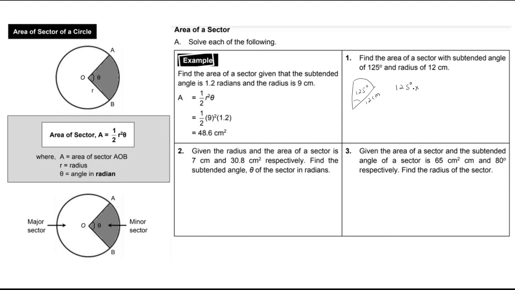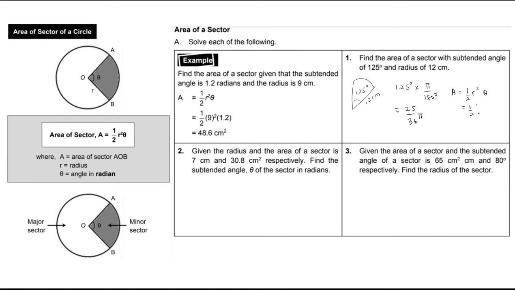So multiply by pi over 180 and we get, if I want to leave the answer in fraction, 25 over 36 pi. And then to find the area, 1 over 2 r squared theta.